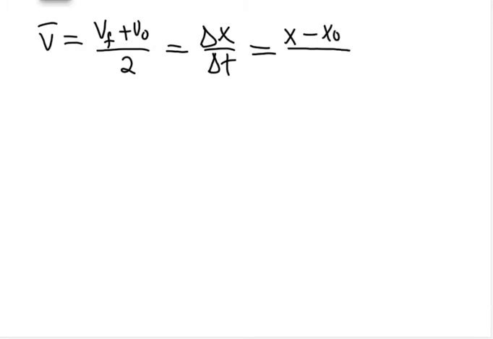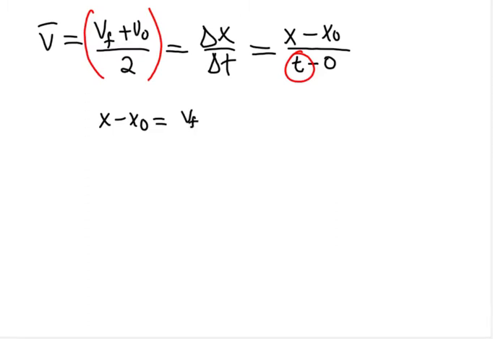Delta t will always be a change in time, which is the final time minus the initial time, and we'll always use the convention that we'll start at t equal to 0. Now what I'm going to do is take this equation and simply say this means x minus x0 equals essentially this term right here times t. So this is equal to v final plus v initial divided by 2, all of this times t.